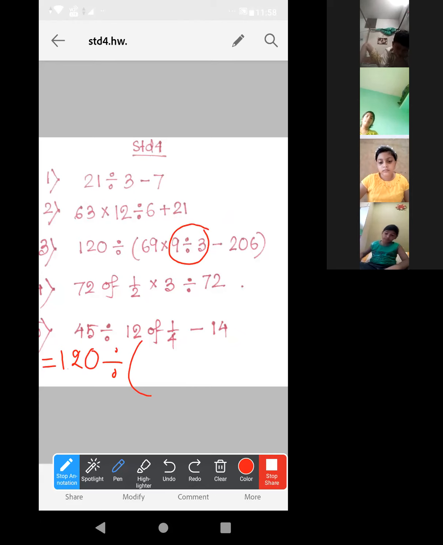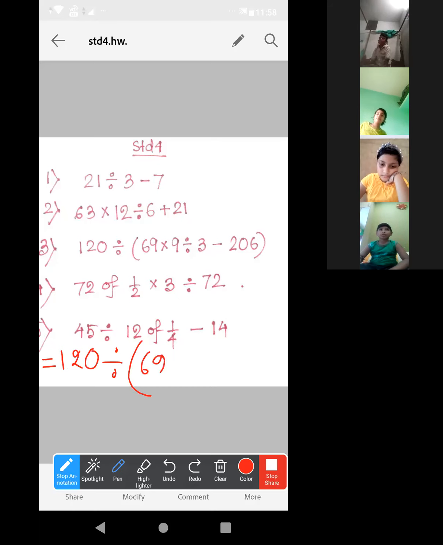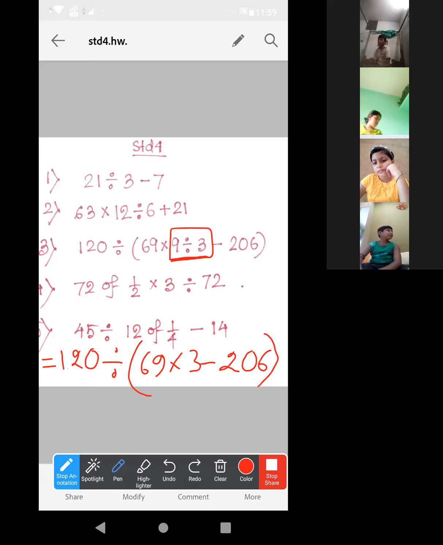Brackets and of are not given, so follow the rule, BODMAS. First division: 9 divided by 3. This one will be 3. So 3 into 3 minus 206.